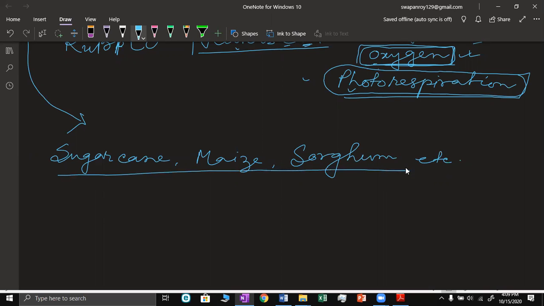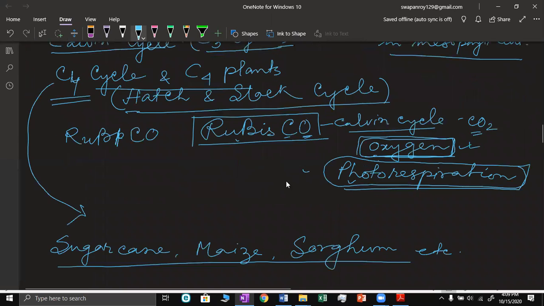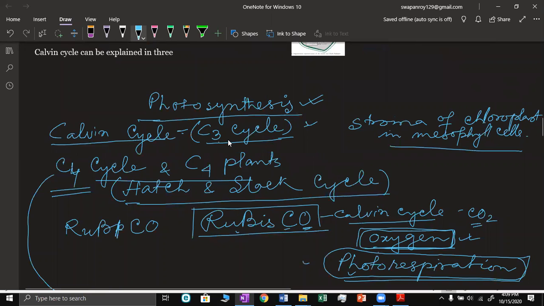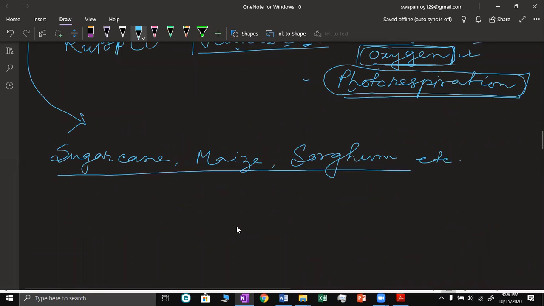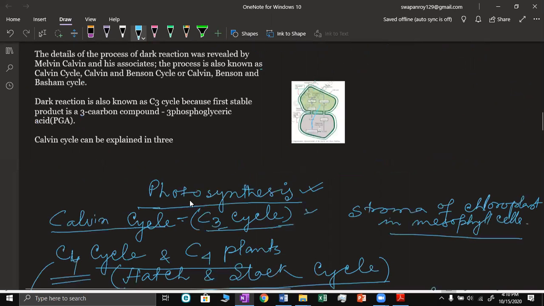In these, in addition to the C3 cycle, another cycle operates. Means C3 plus one other cycle.